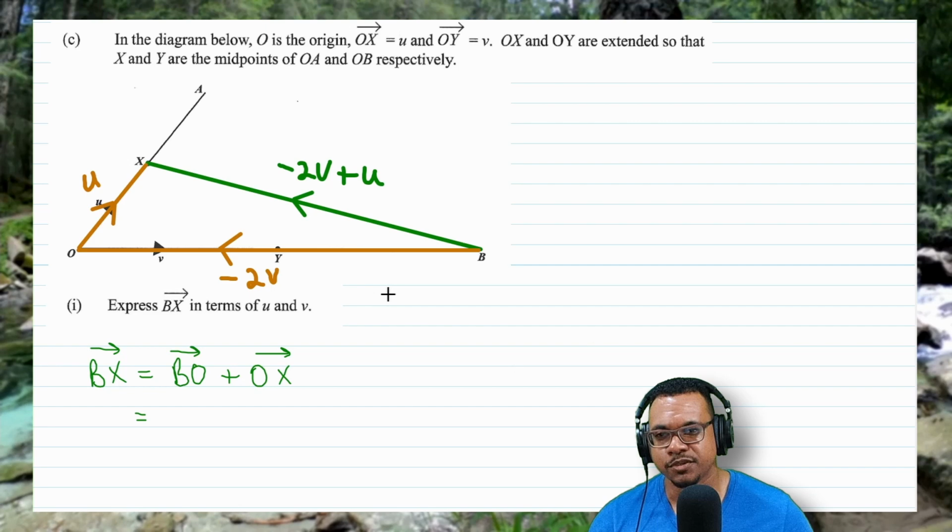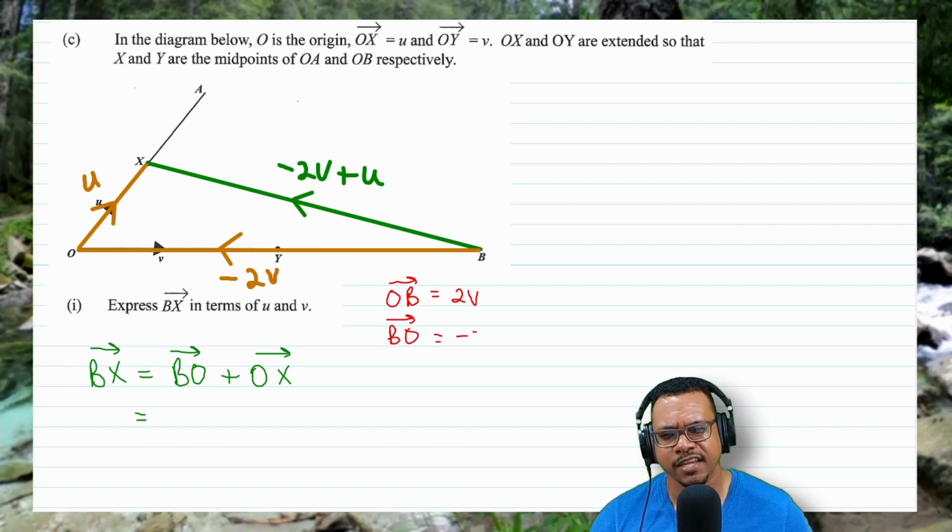I'm just going to put these things here. So the vector O to B was 2v. So the vector B to O, which is the reverse of OB, is negative 2v, plus O to X, which is the u.